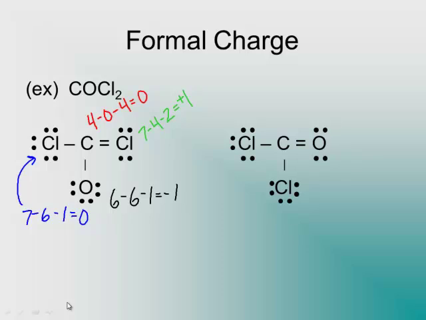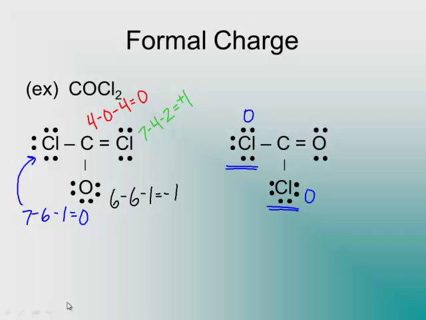Let's see what formal charges we get in the other Lewis structure. Both chlorines here are actually bonded in the same way as the chlorine on the left in the previous structure. They have 6 non-bonding electrons and 1 bond, so both of these chlorines would have a formal charge of 0.